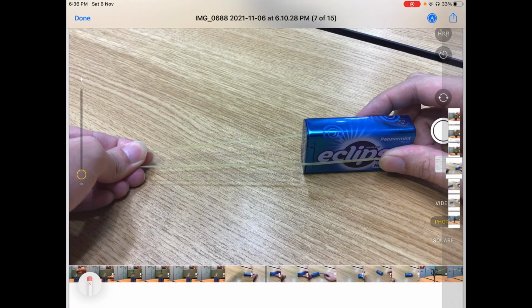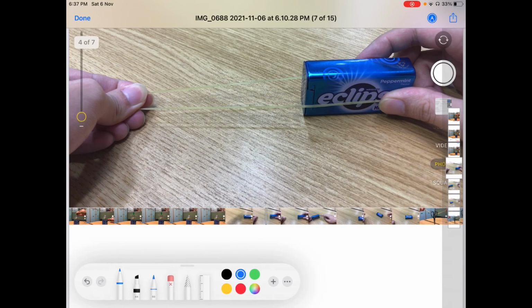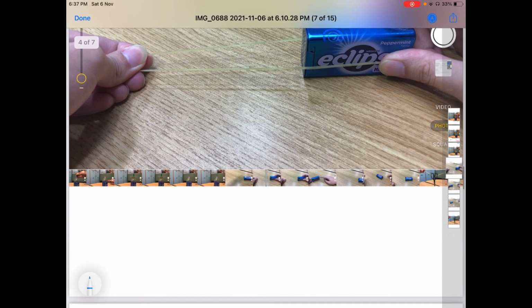So when you're drawing the free body diagram, or you would like to analyze the motion of this blue box, what should you draw? Should you draw the rubber band? Should you draw the finger, or should you draw the table in the free body diagram? The answer is no, because you would like to analyze the effect or the motion on this blue box only. So let's draw it, a blue box.